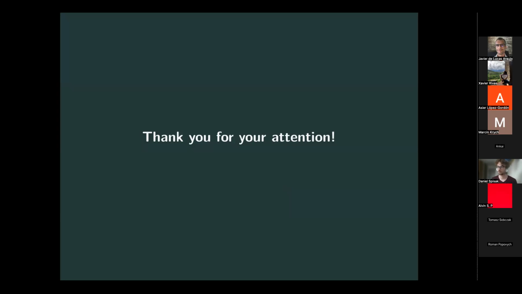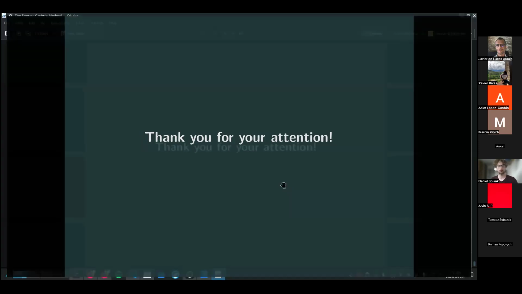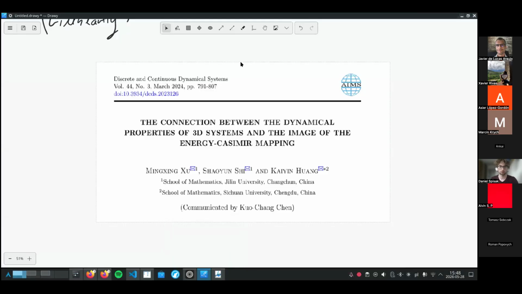Congratulations. Just a very minor comment. You mentioned two equivalent definitions of Casimir. A third one would be that it's a function whose Hamiltonian vector field is identically zero.